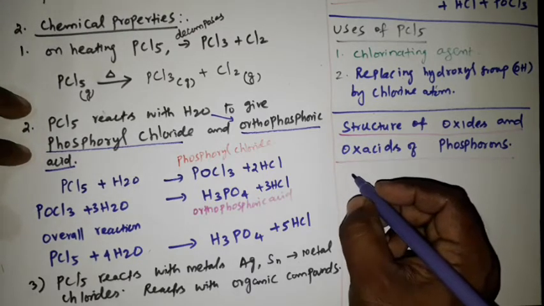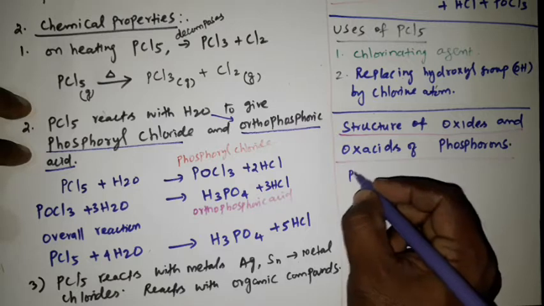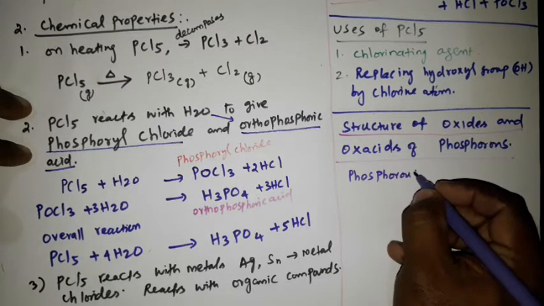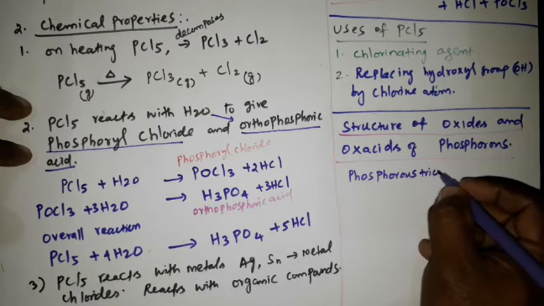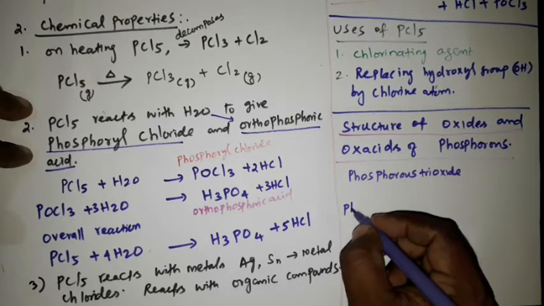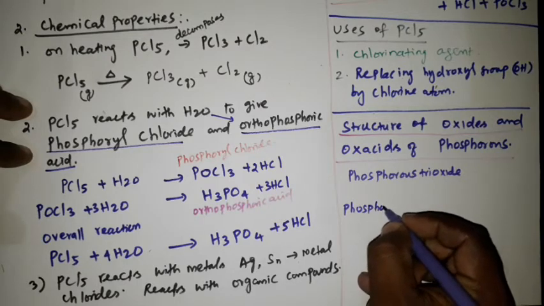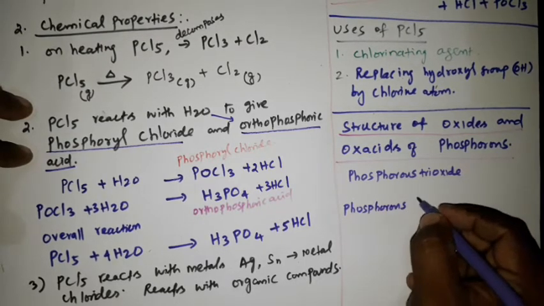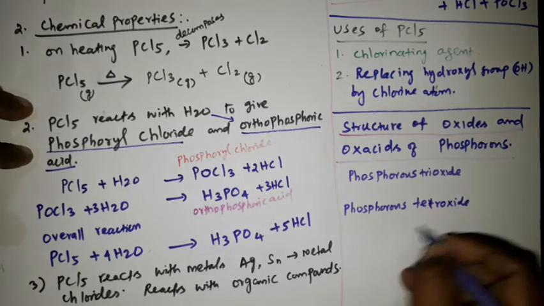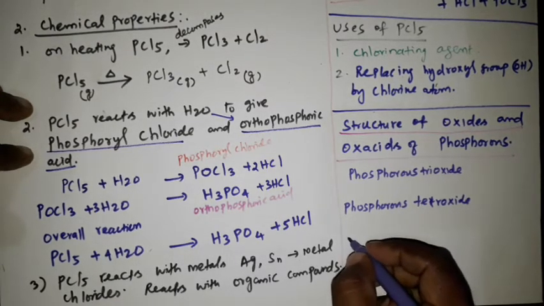One is phosphorus trioxide. Another one is phosphorus tetroxide. Then the third one is phosphorus pentoxide.